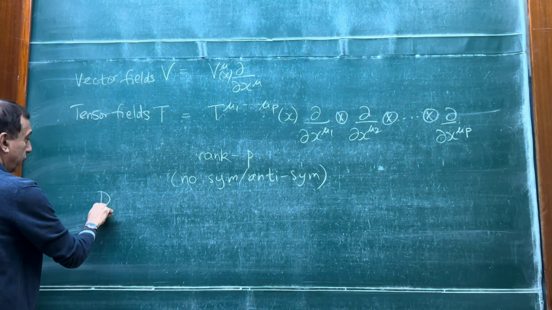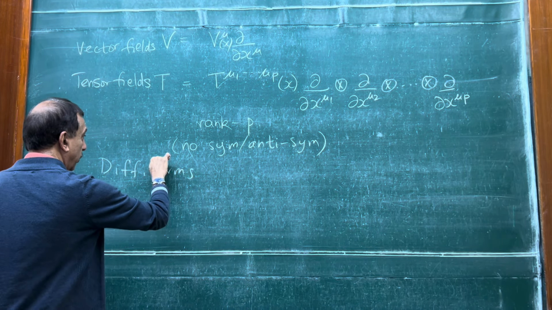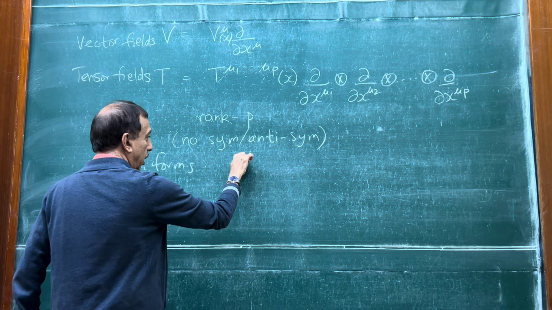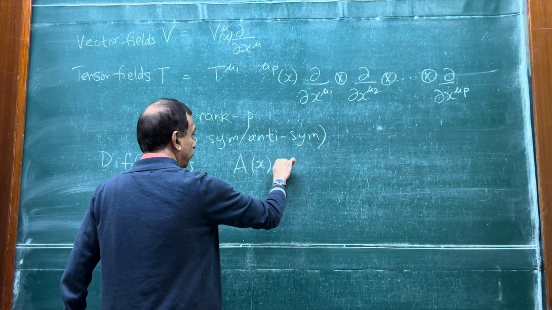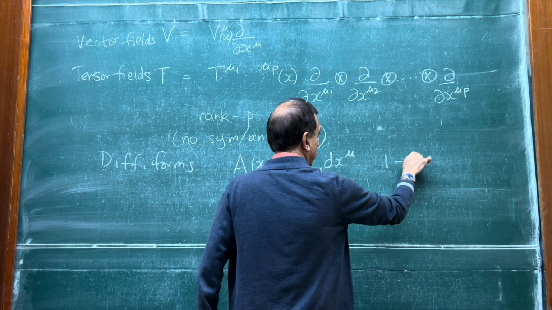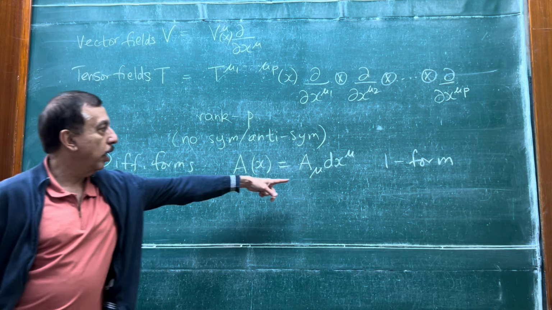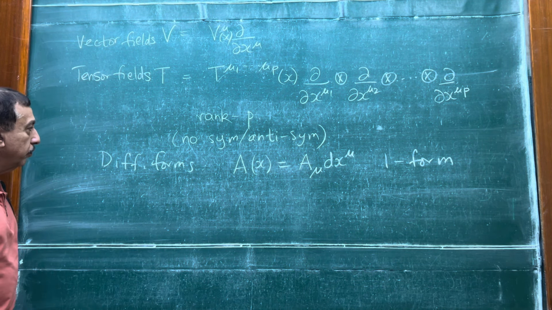On the other hand, if I have differential forms, what I defined last time, and I forgot to say this, is that a differential form of this kind is actually a one form. So analogous to a vector field, it has one index and that index is down.